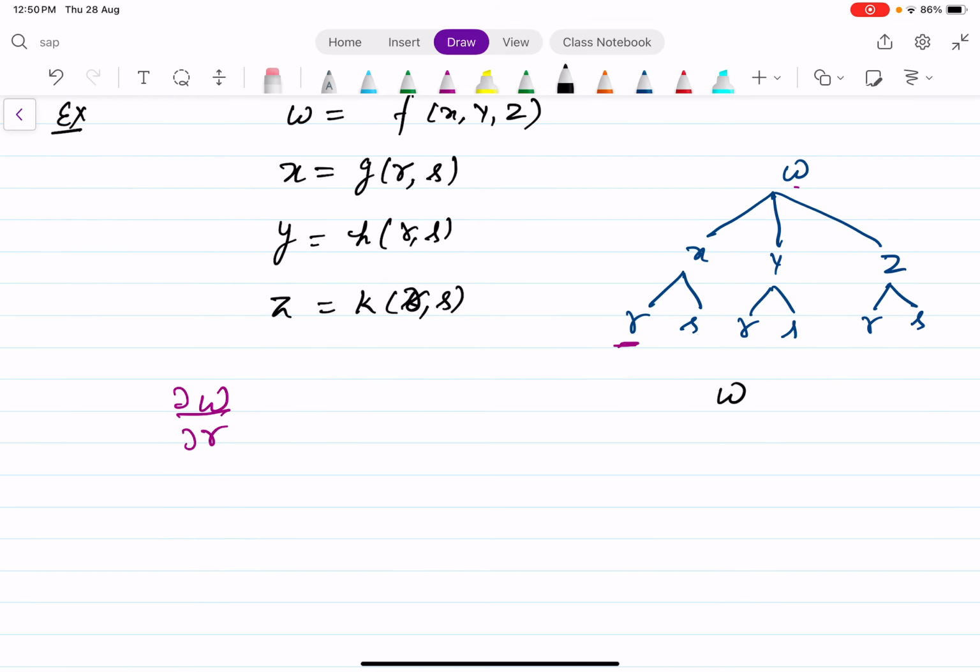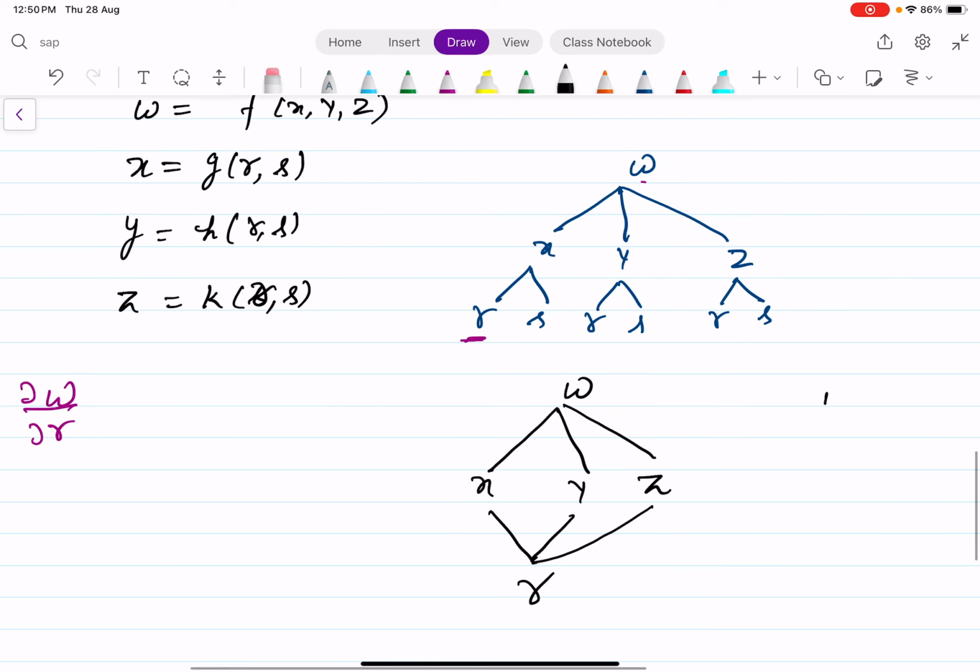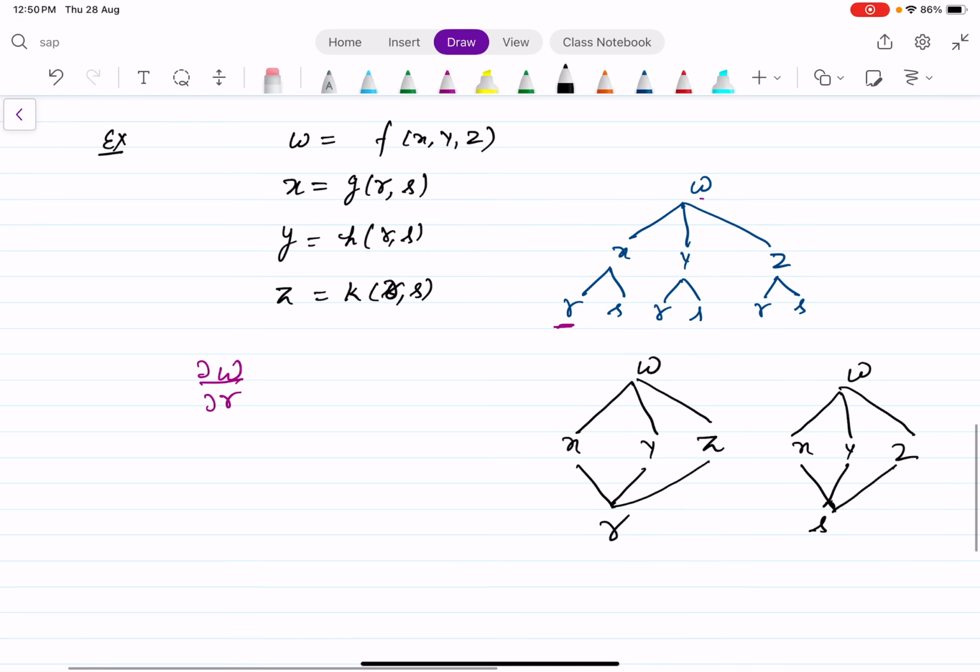We will write w is a function of x, y, z and x, y, z are connected with r. And also w is a function of x, y, z, and this x, y, z are connected with s. So whenever we want to compute del w over del r or del w over del s, then we have to use these two flow diagrams.